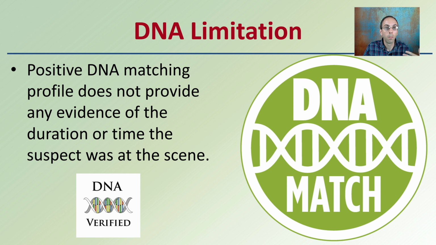They could have been there a week before, a month before, a year before, and with the very high degree of detail we're able to get with DNA, we're able to find trace in smaller and smaller amounts. So just keep in mind that there's a limitation. Even if you do find a DNA match, you need other evidence to help prove or support the idea that the person or suspect was there at the time of the crime.